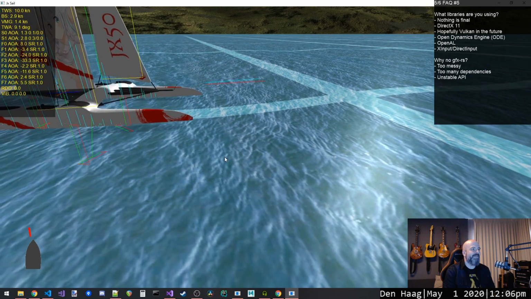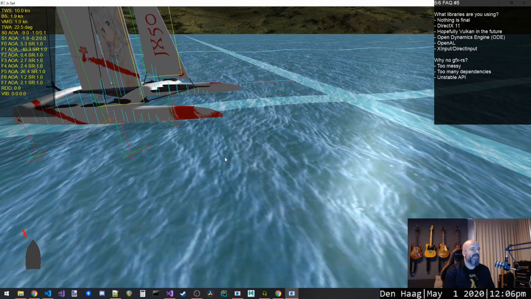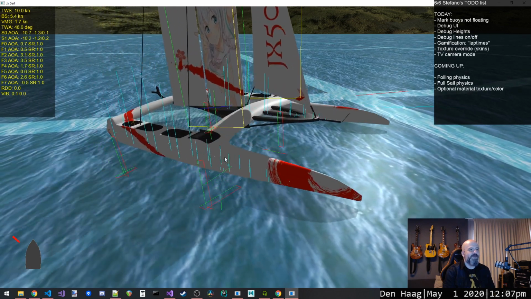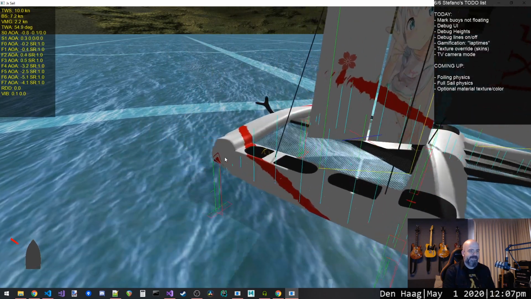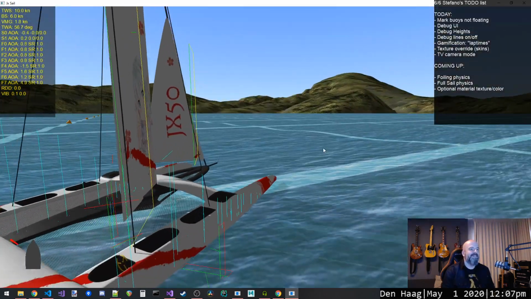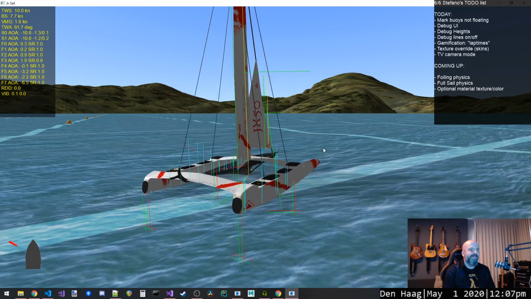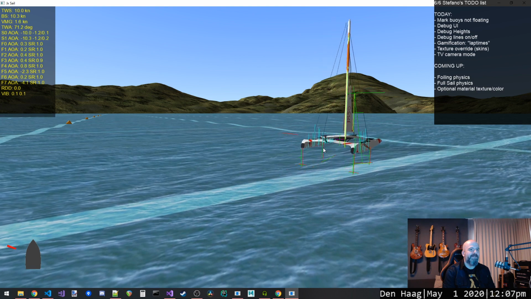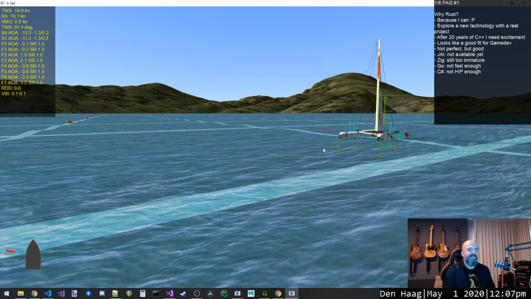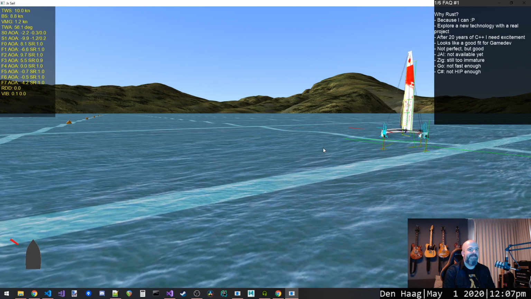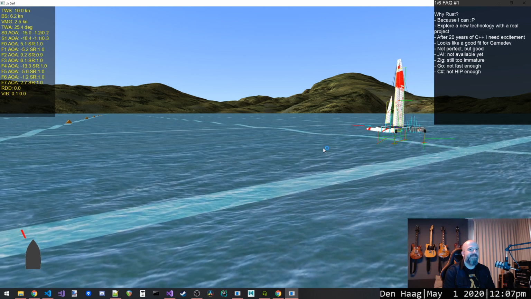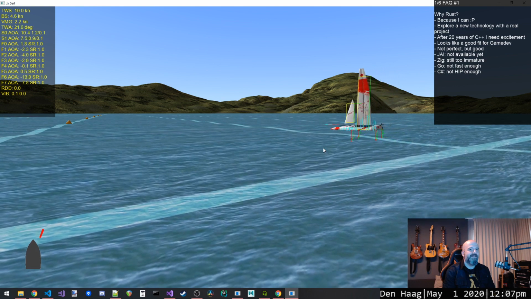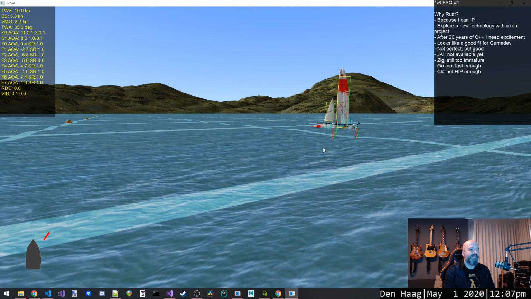I have to do something like that to show an element of the movement of the boat that you can't appreciate when you're watching from... very cool. Very happy.